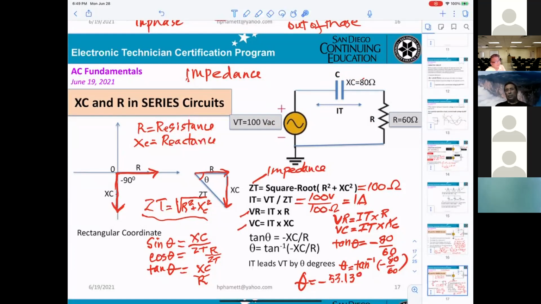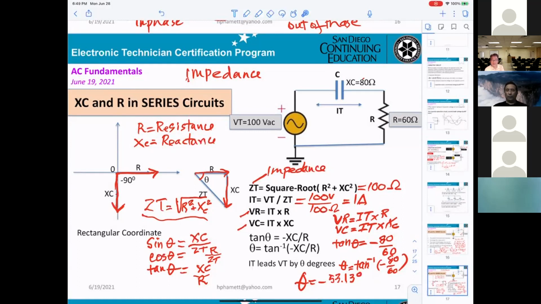The thing is they're not in the same phase.